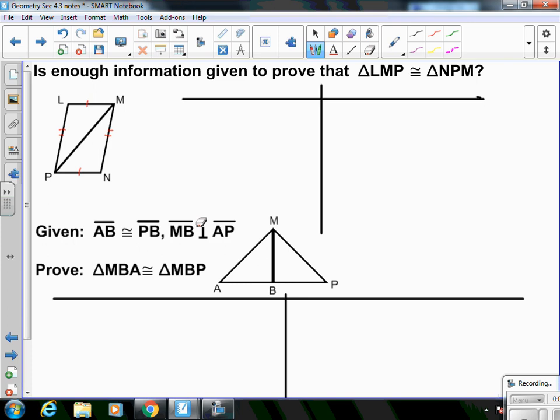All right, so if we look at those two triangles, just from the markings on the triangles, we know that LM is going to be congruent to NP, and segment LP is going to be congruent to segment NM.